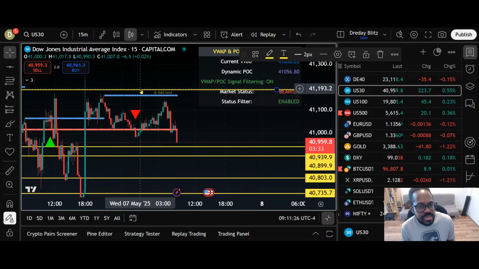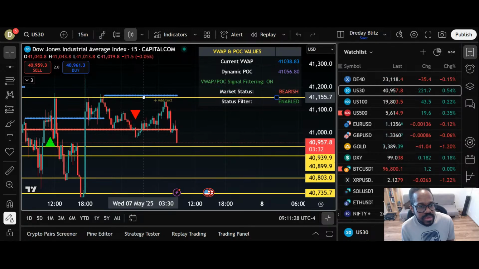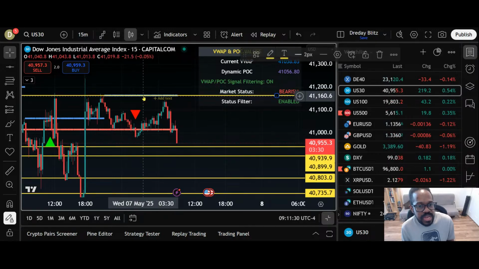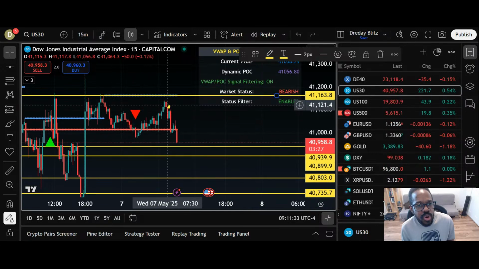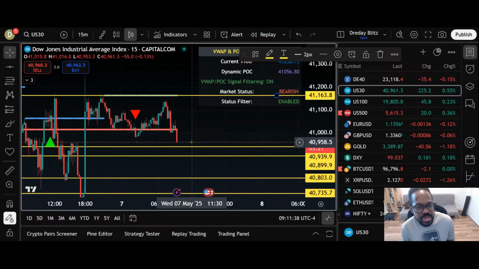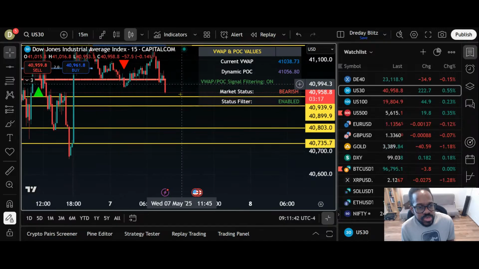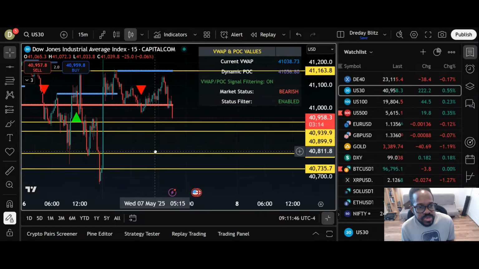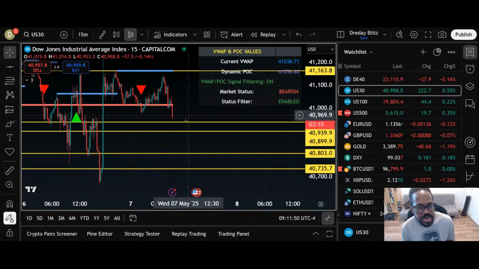This is where I would have put my stop loss, and as you can see, it almost went to it, but it tried to break it and didn't, and now it started to go down. So this is a higher low, and those are the take profit zones that I'm focusing on.